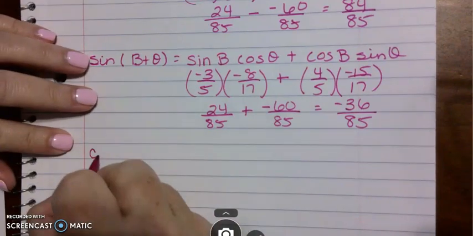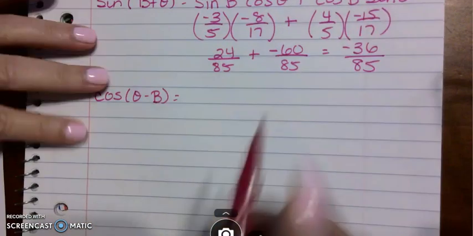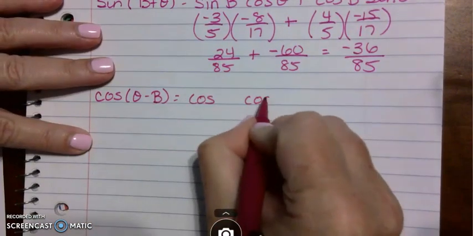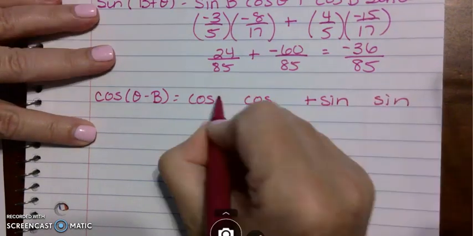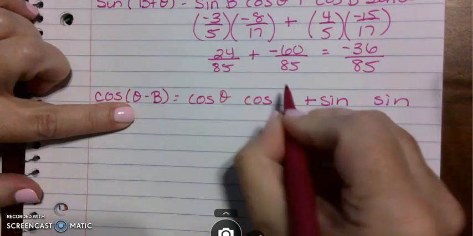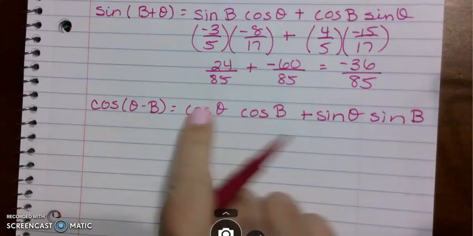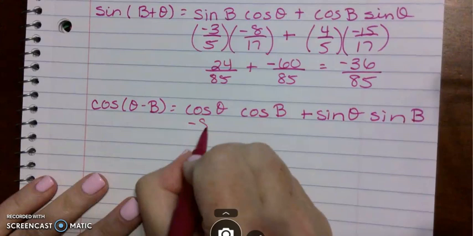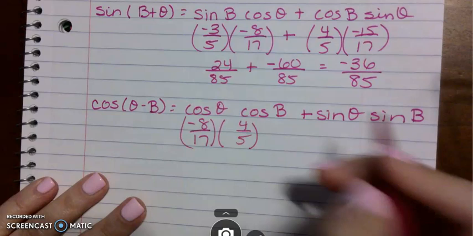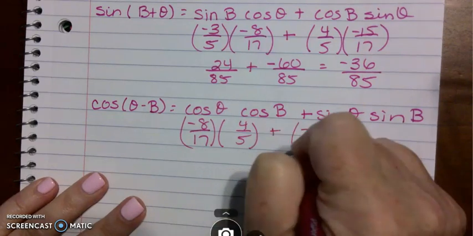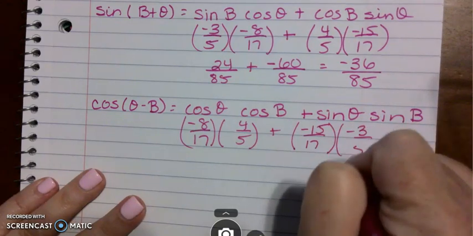Next is cosine of theta minus B. So the formula: cosine, cosine, clap, sine, sine. This time it's theta and B, theta and B. So cosine theta is negative 8 over 17, cosine B is 4 over 5, sine theta is negative 15 over 17, and sine B is negative 3 over 5.